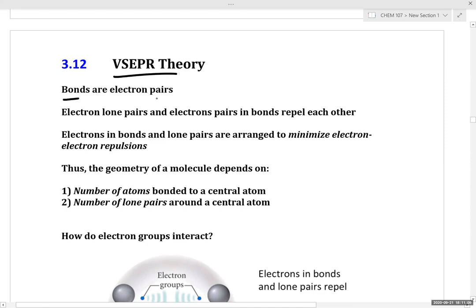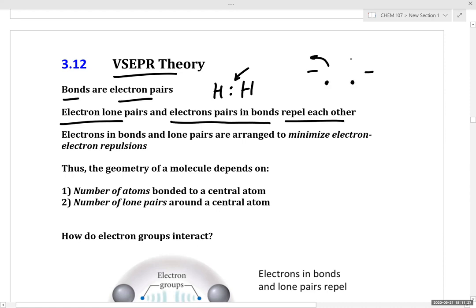Well, bonds can be thought of as electron pairs, right? When we draw a line, we're really describing in a bond a pair of shared electrons. Well, electron lone pairs and electron pairs in bonds repel each other. Electrons repel electrons. Electrons really don't want to be near each other. Like charges repel.